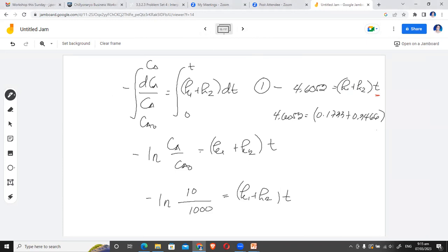The sum of these two should be multiplied to T. So T is 8.8578 hours.